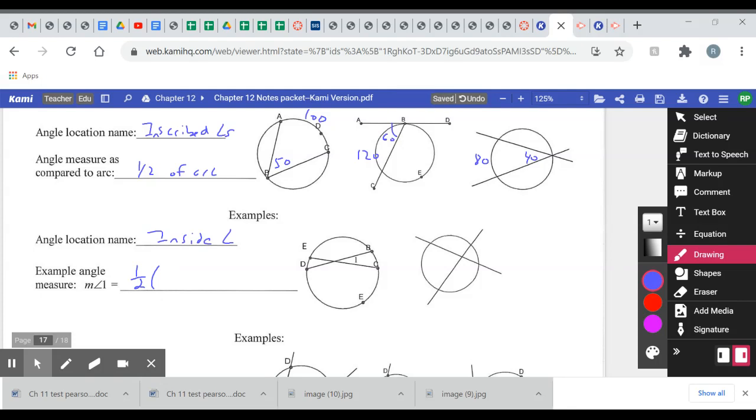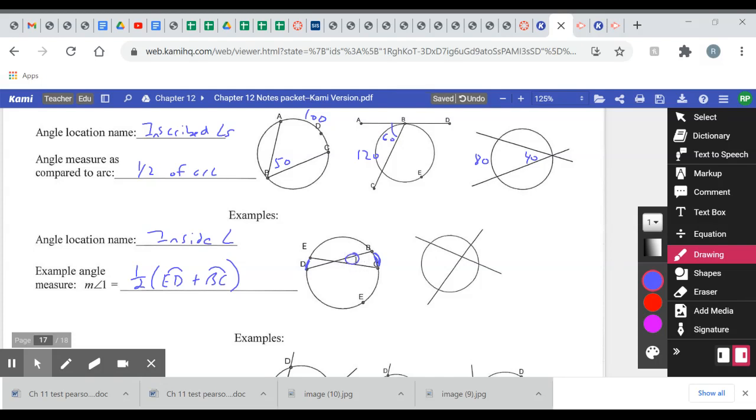In the first example, we're adding up arc ED plus arc BC, this arc from here to here and this arc from here to here, which gives us the measure of angle 1.